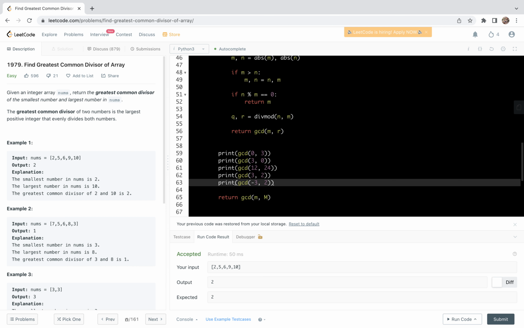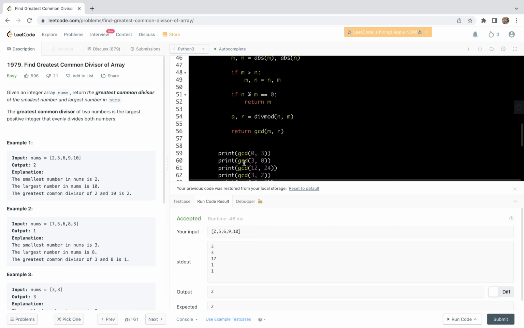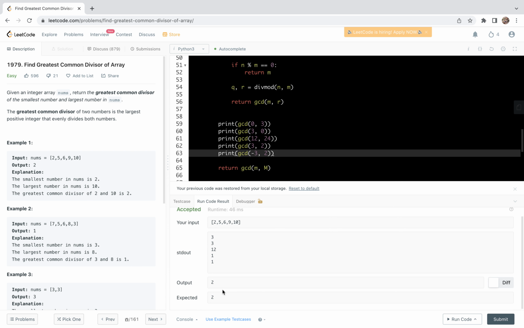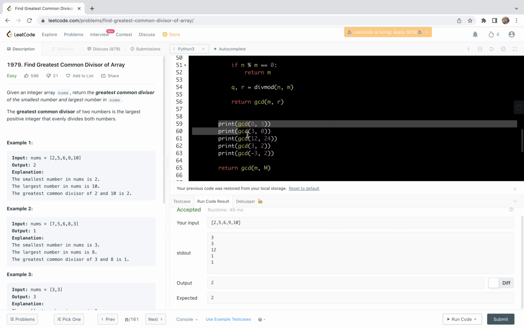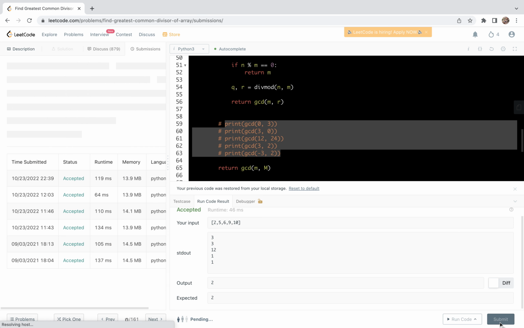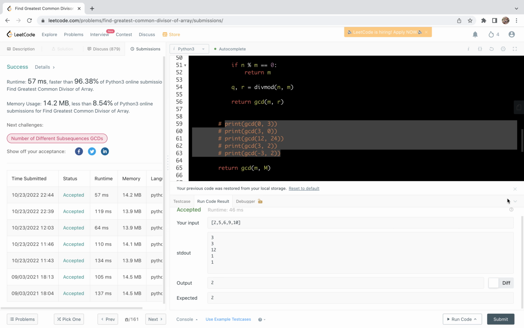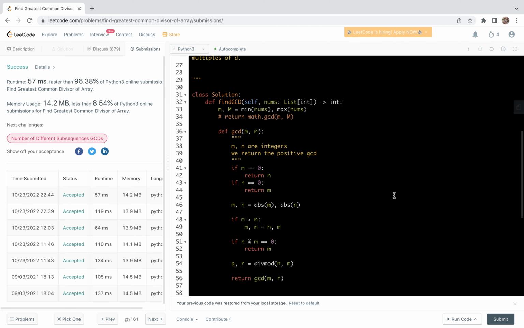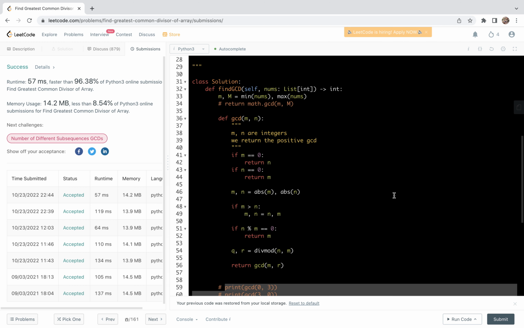Let's also put one that has negative things. So actually due to our treatment, this does not matter. So let's do this. So we have 3, 3, 12, 1, and 1, right? We are going to get 2 for first test case. Let's comment this out and test all the cases. Yeah, it passes all the cases.